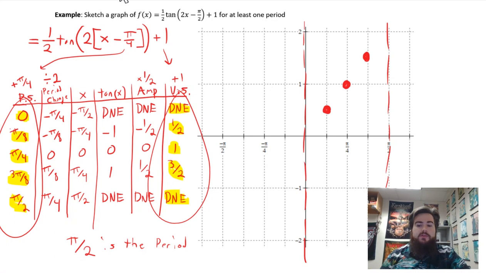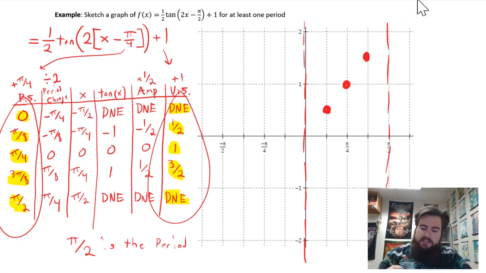Now to connect this graph, I'm not just going to connect this as a straight line, even though it kind of looks like that. Keep in mind that we have asymptotes, which means as the function approaches that asymptote, it gets closer to it, but it cannot cross it.